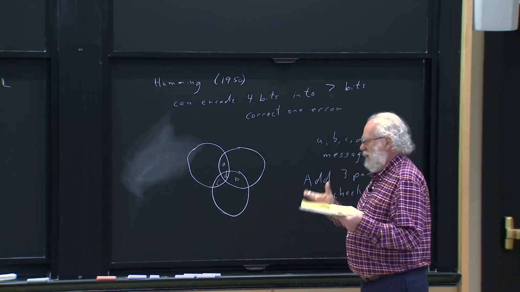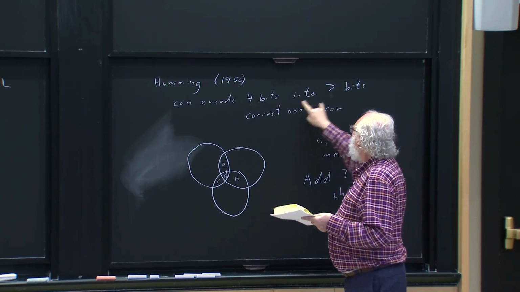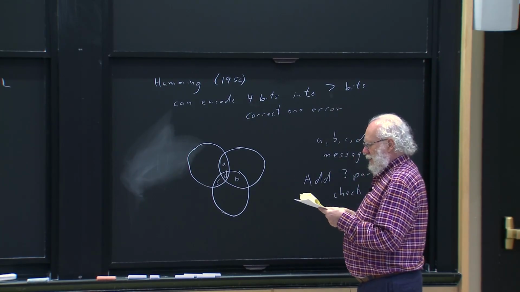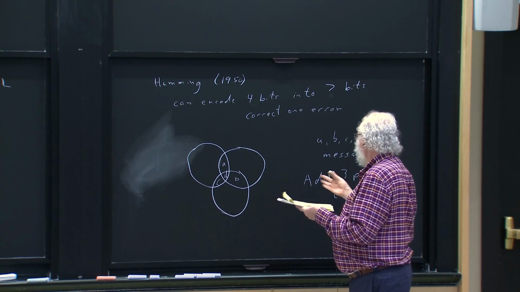And 4 plus 3 is 7, which is why we're encoding 4 bits into 7 bits.